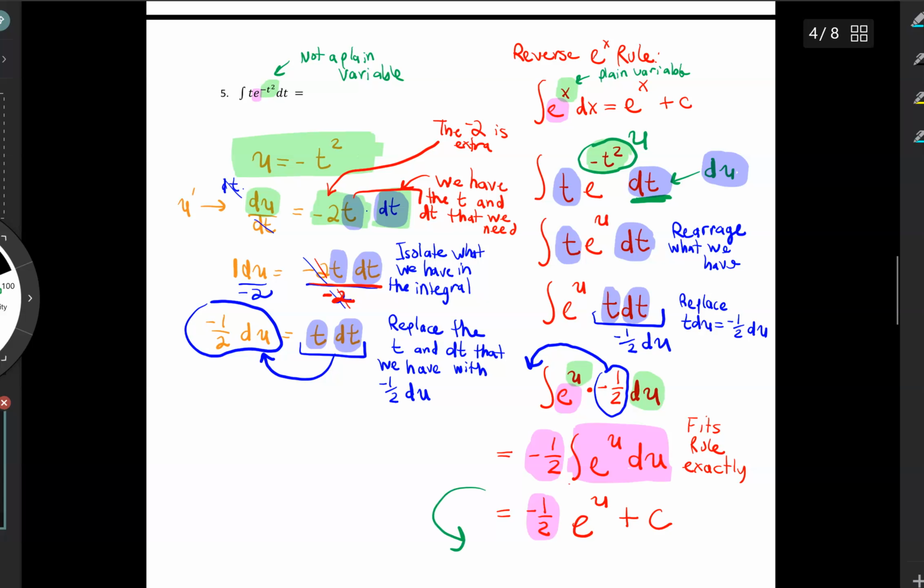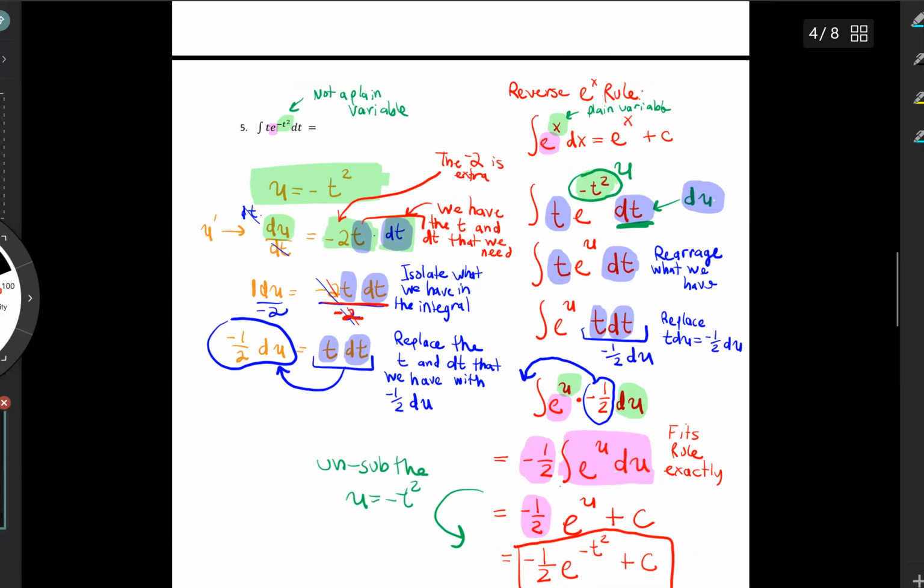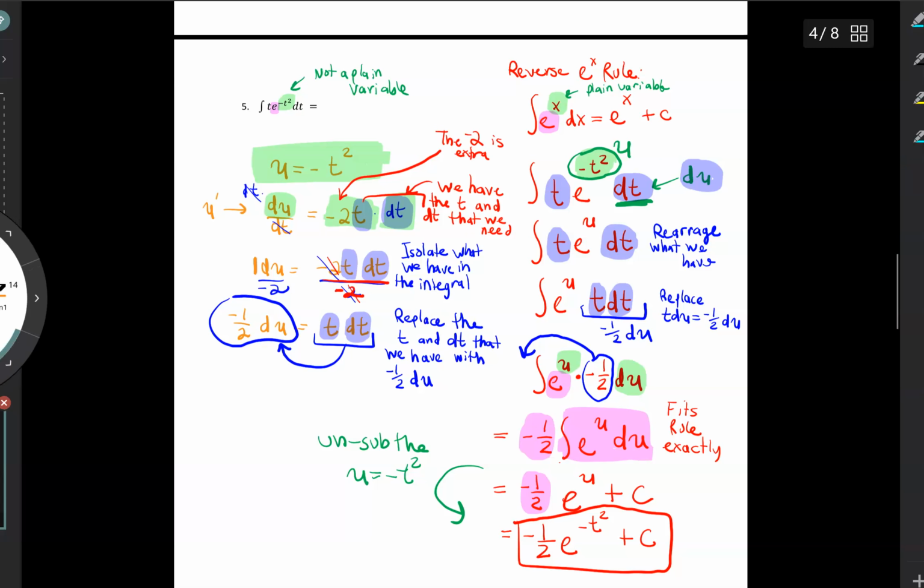So all I need to do is unsub the u equals negative t squared. Plus c. And again, remember, we're claiming that this thing we just found is the original function.